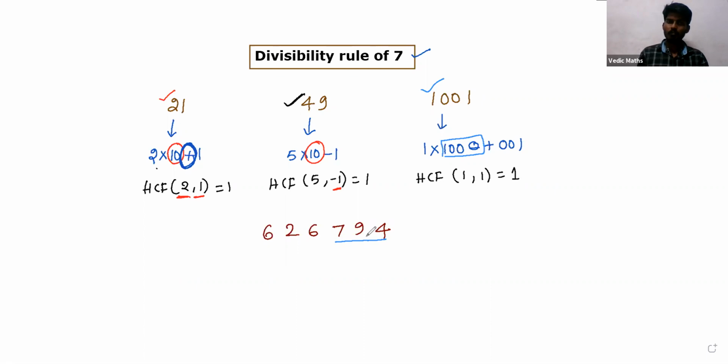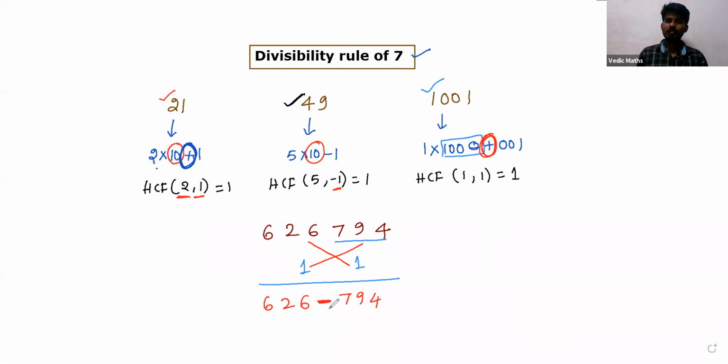Okay. So now you can see here 1 and 1 I am taking. In this case, when you are multiplying this number, you are getting 626, and multiply 1 with this group, 794, and here we have a plus symbol. So that is the reason we are going to subtract here.